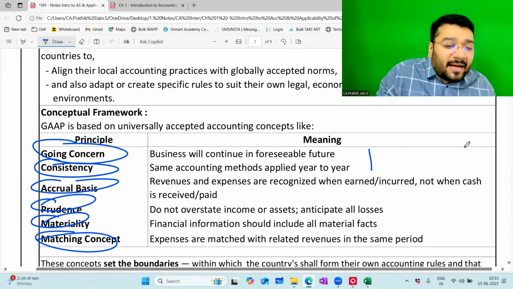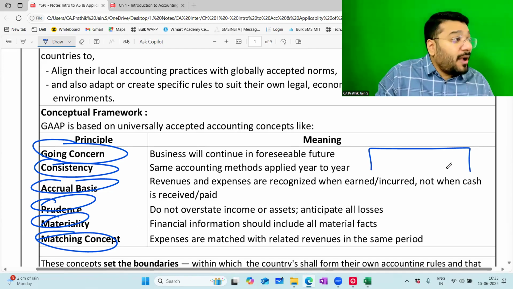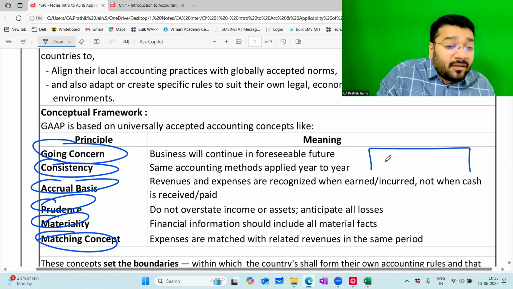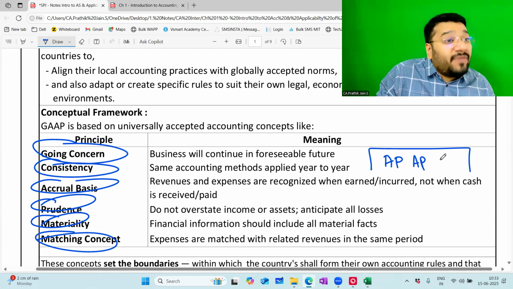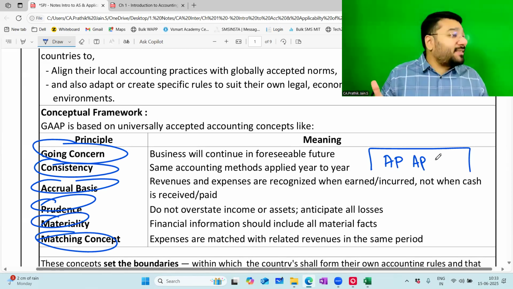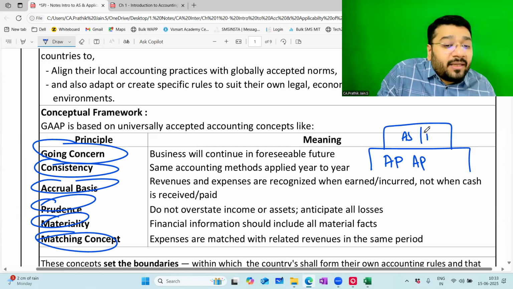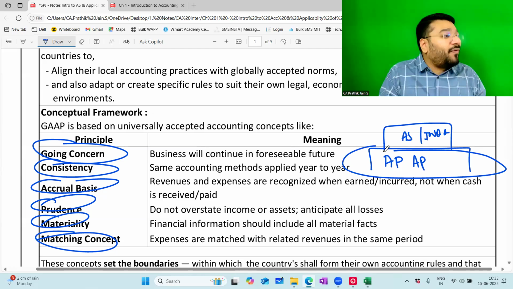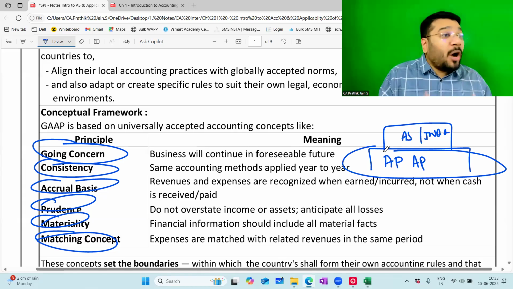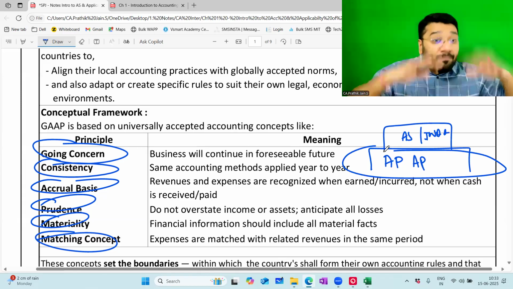Both are developed on a base, a foundation called accounting principles, accounting policies, conventions, etc. On this base, accounting standards are developed, Ind AS is developed, everything. So GAAP is basically the foundation of accounting, which outlines the complete structure of how the accounting needs to be done and how the data needs to be presented. It's a broad framework.